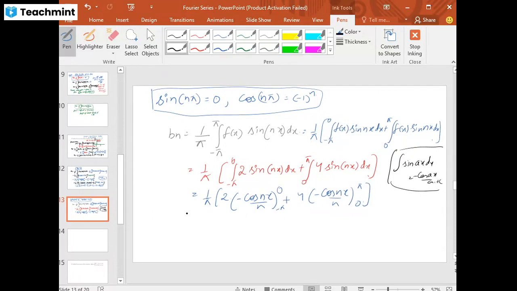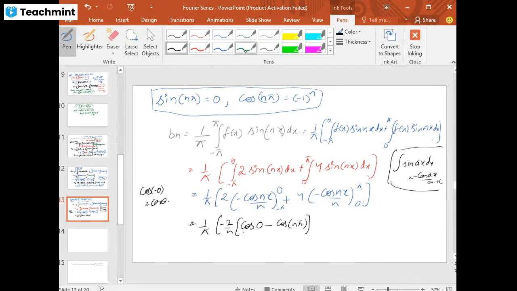So on substituting upper limit and lower limit, 1 upon pi, minus 2 upon n is constant taken outside. Upper limit, this is cos 0. Lower limit, cos of n pi, because cos of minus theta is cos theta, right? So minus n pi becomes cos n pi only, right?